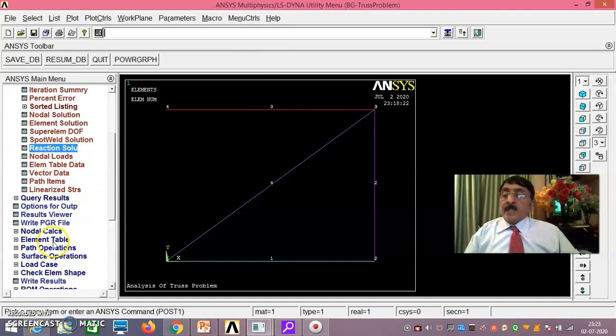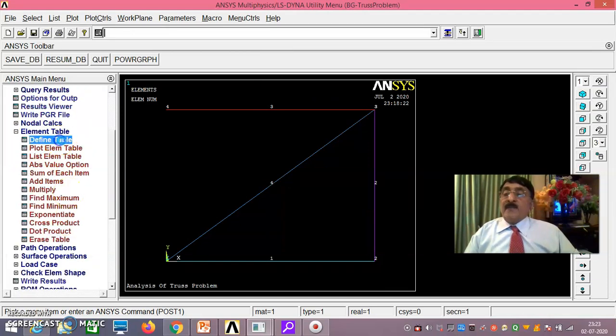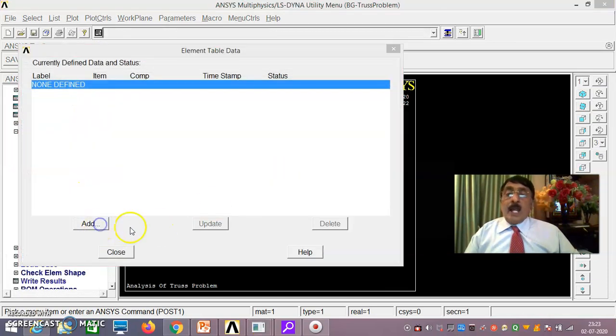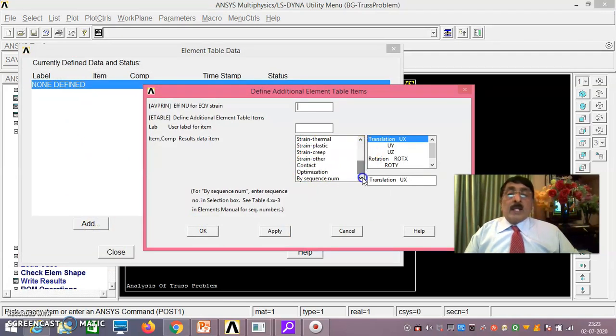You see here, element table, you go to define table, add. Add by sequence number, SMISC 1 you take, for member forces, apply. Then again by sequence number, LS1, 1 comma 2.